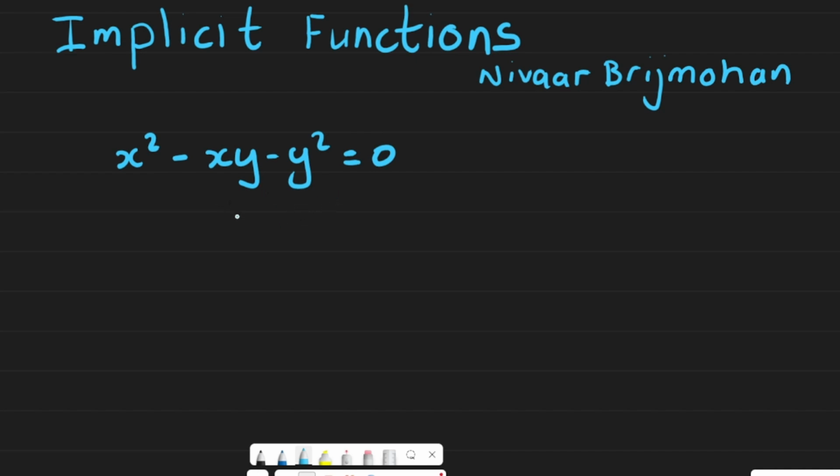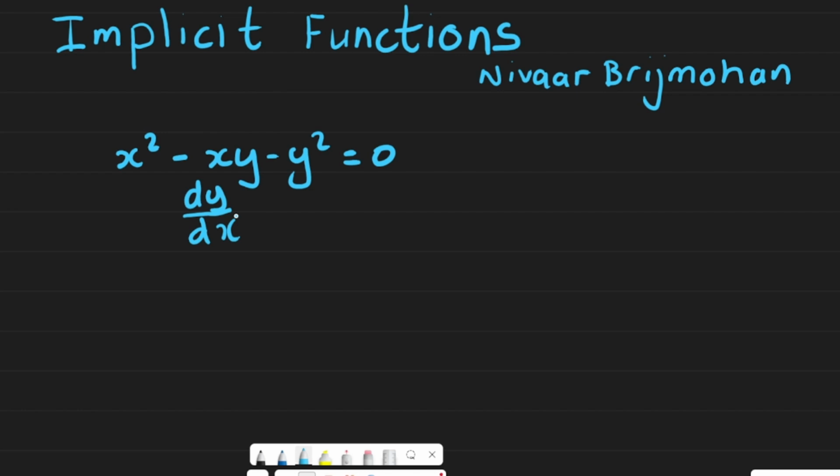So is it possible just by looking at this equation to find dy dx? That is, we could try to find y in terms of x, express y in terms of x only, and then find dy dx. But is it possible just to find dy dx using just the function as it's written?